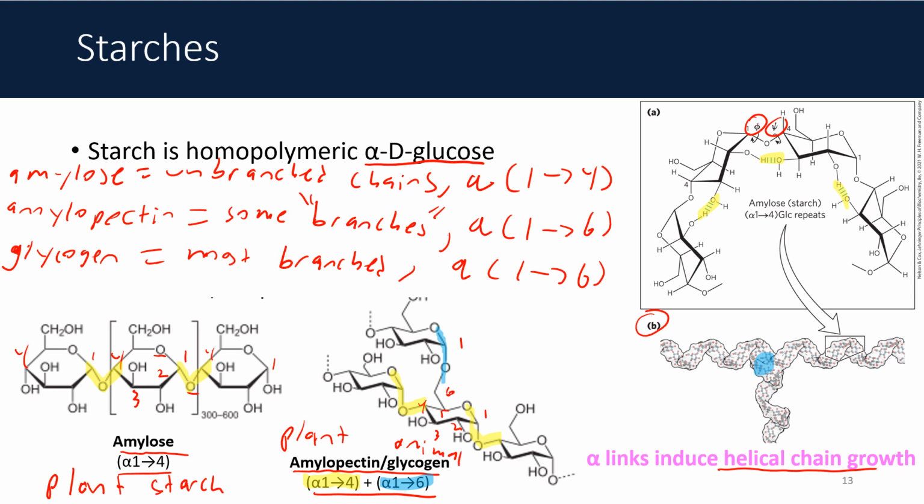So you may be wondering, why are we fussing over the amount of branches? Well, that's a way that different organisms have tuned the way we store glucose. Let's draw some amylose fibrils up here as nice, long, elongated coils. You can sort of imagine that these are going to pack together really densely and therefore perhaps not be as soluble.